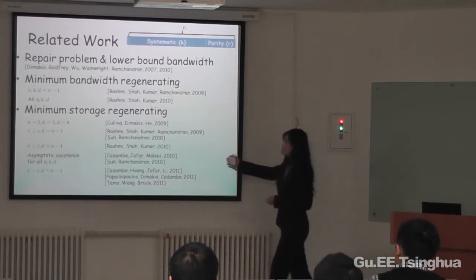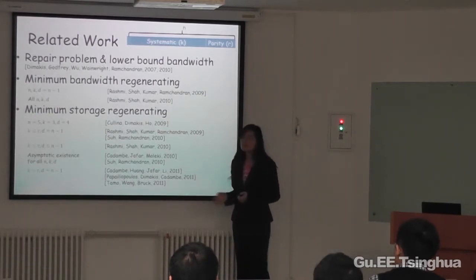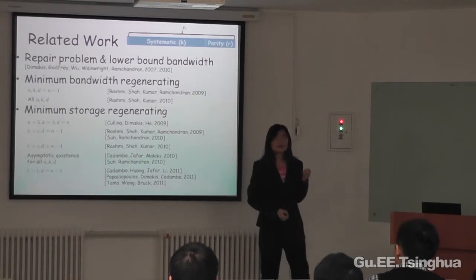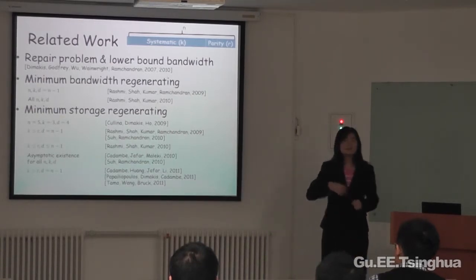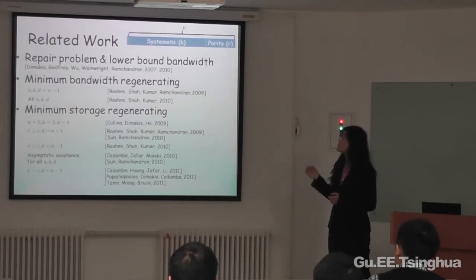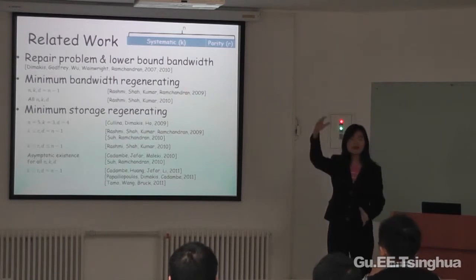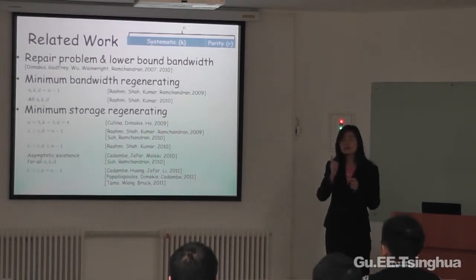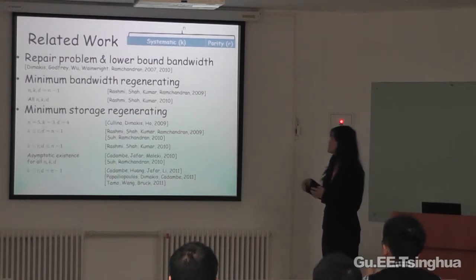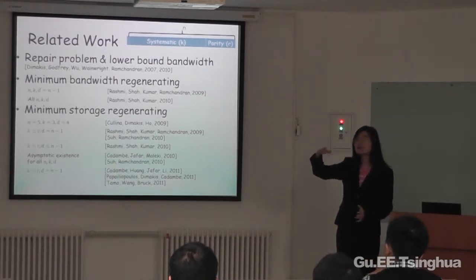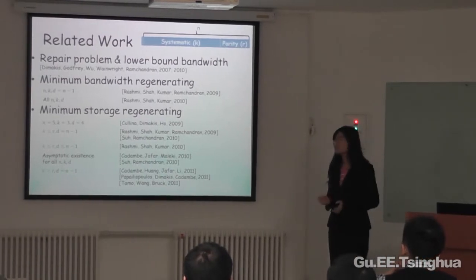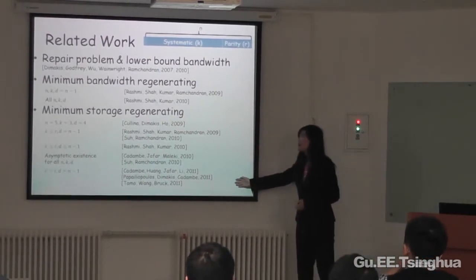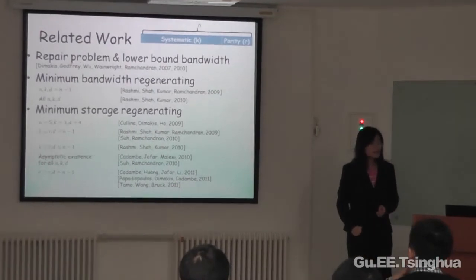Then for asymptotic results, Cadambe et al. and Suh et al. showed, using the interference alignment technique, that the lower bound is asymptotically achievable, which means when you make each node very large. In the example, each node has only 1 bit. But if you make each node very, very large, then you can approach the lower bound as closely as you want.